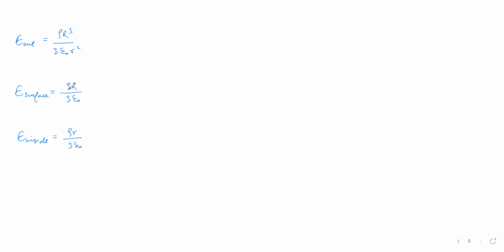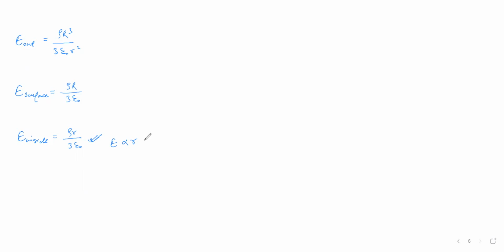And the second one at the surface, rho r over 3 epsilon. Then for this equation, we can write E is directly proportional to R. Can we say it or not?